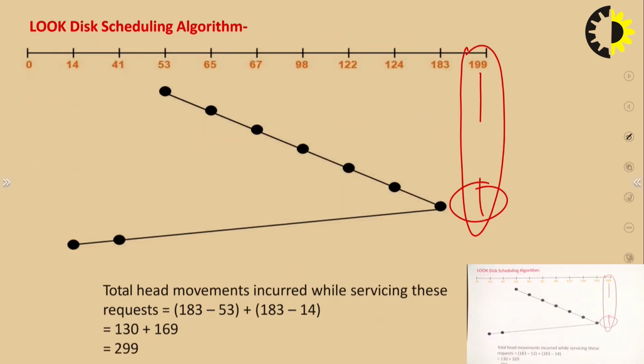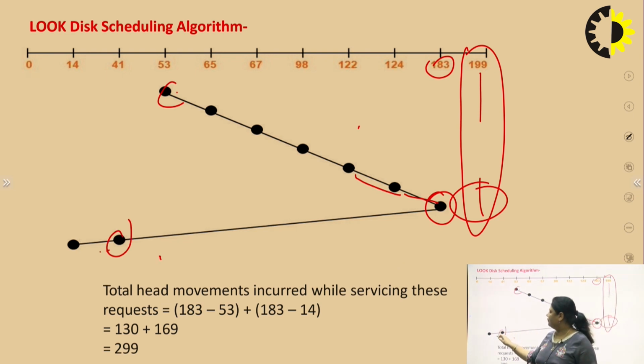When we solve this question, initially the head is at 53. So, it goes from 53 to 65, which is the smallest distance, then 65 to 67, 67 to 98, 98 to 122, 122 to 124, 183, and when it passes through 183, it reverses its direction and goes to 41, and the last is 14.